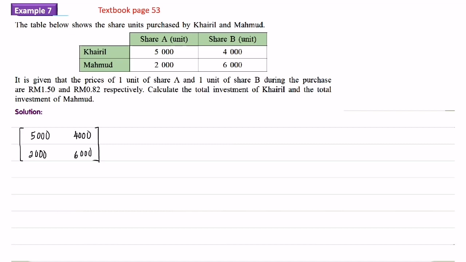So how to write in matrix? First, you must know this is a 2 by 2 matrix. Okay, so if you want to multiply, make sure the next matrix is 2 by something. So the next matrix for this one is 2 by 1. So you need to write the share price like this: 1 ringgit 50 cent, which is 1.5, and 0.82.